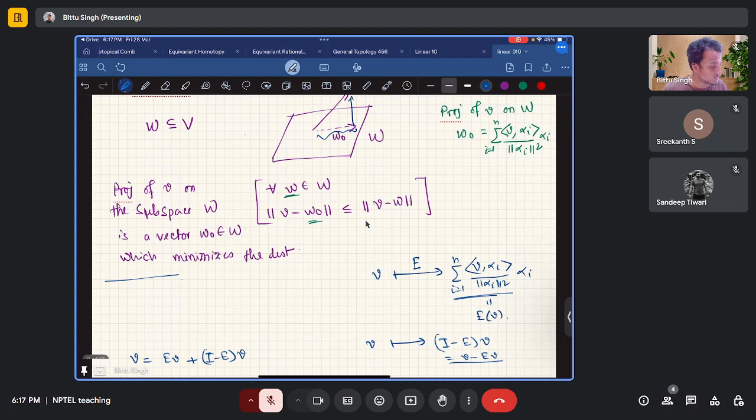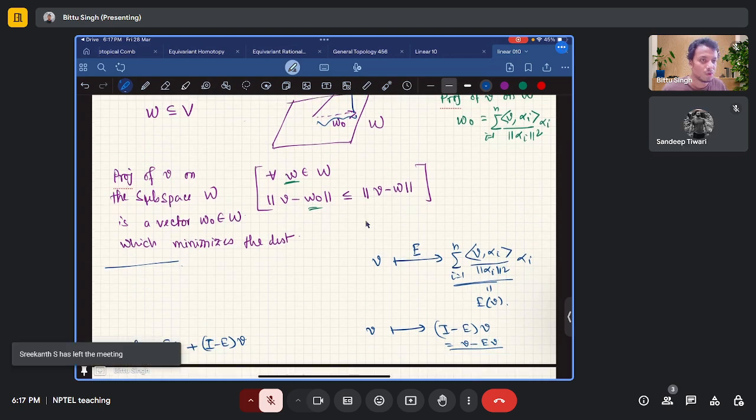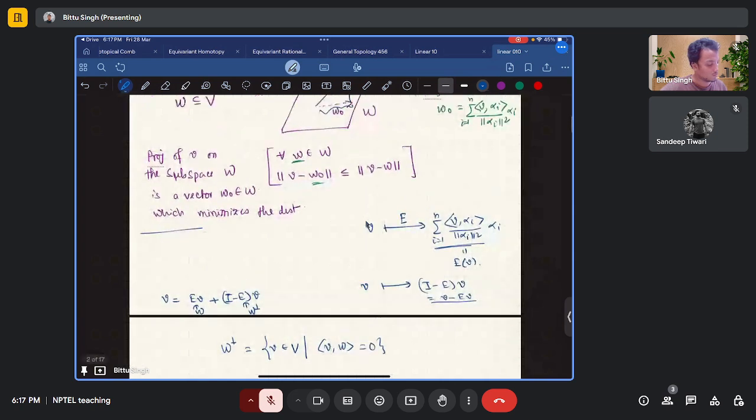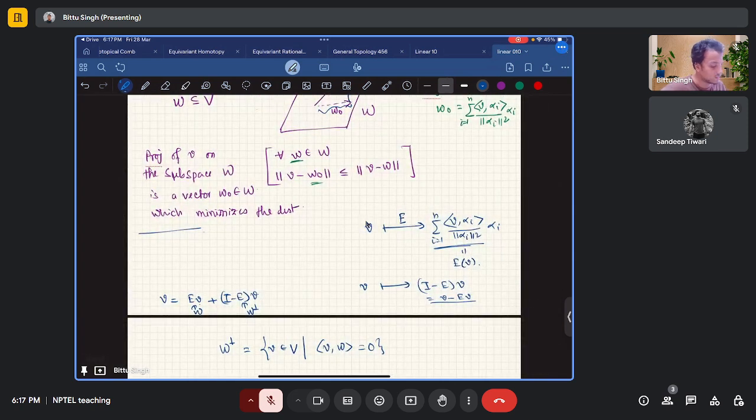EV belongs to W, but I minus EV belongs to the W perp part. W perp means all those vectors whose inner product with any element of W gives 0. Let me mention what W perp is: all those vectors V belonging to V such that the inner product with W is 0. So you can see that I minus EV has inner product with EV equal to 0.